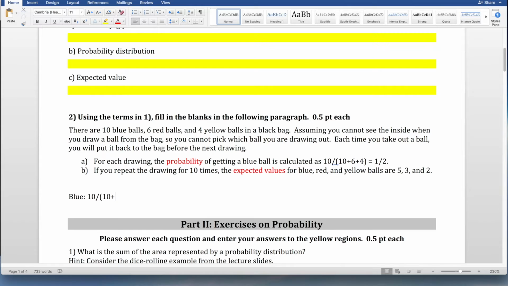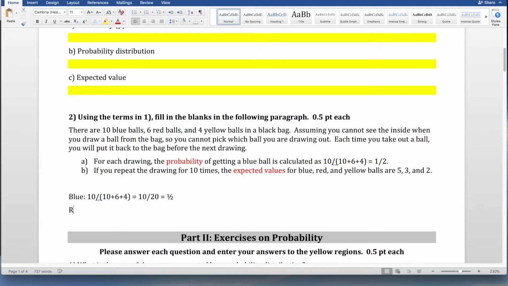So we know that there's 10 blue, 6 red, and 4 yellow. And so we then get 10 over 20. So there are 10 blue ones out of the 20. So this would equal a probability of 1 over 2.